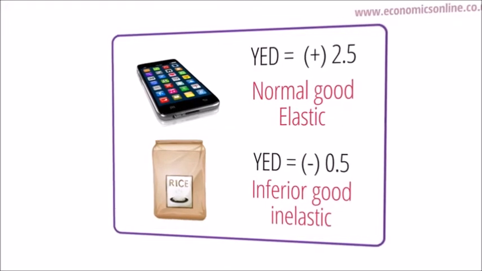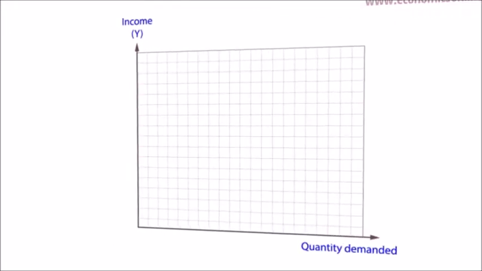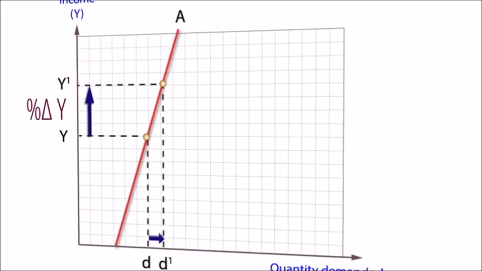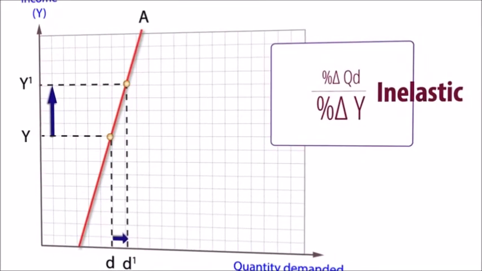Income elasticity can be visualized through Engel curves. Here we can see that Engel curve A slopes upwards, and it is steep, which indicates that the quantity demanded for good A changes by a smaller proportion than income, indicating that it is a normal good with an inelastic YED.